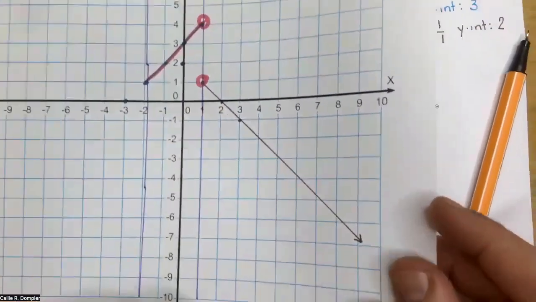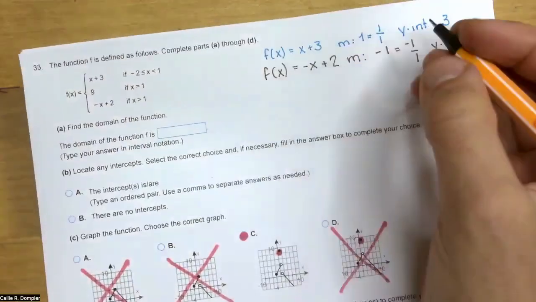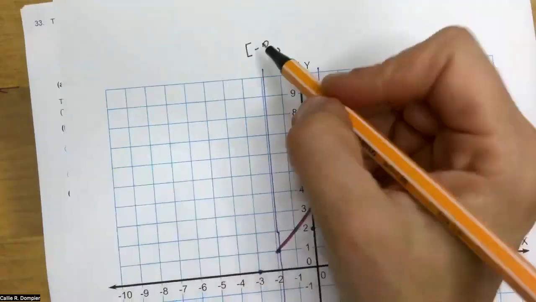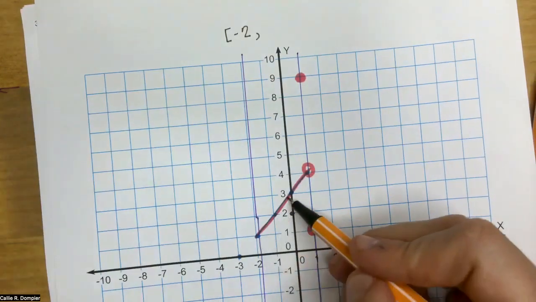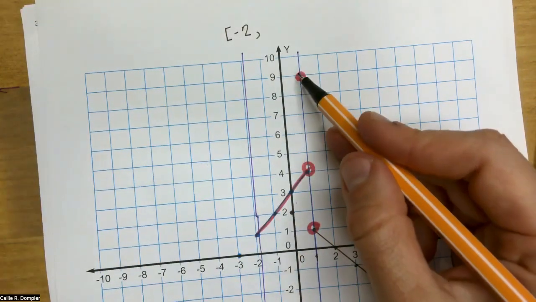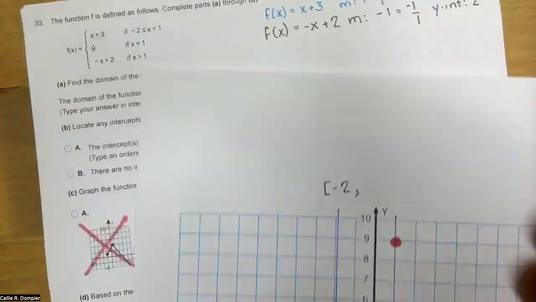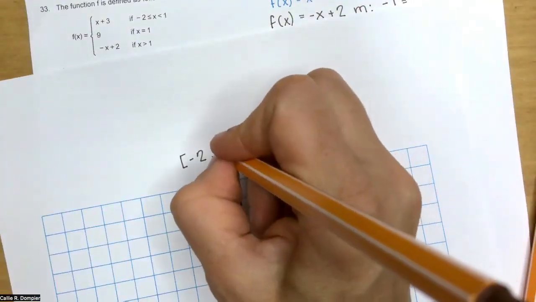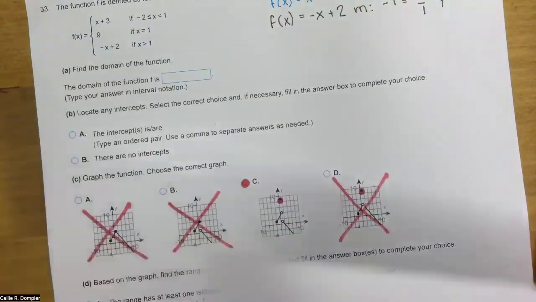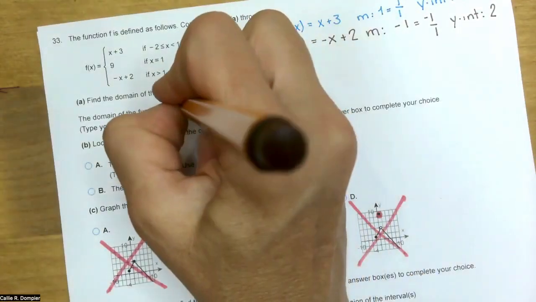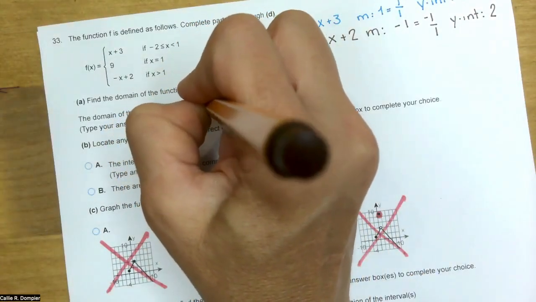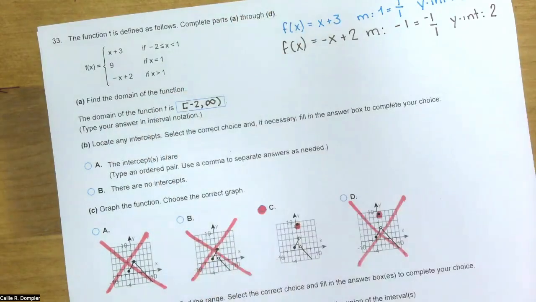And then after 1, it goes on forever. So we're saying from -2, continues, even though it does a big jump, it is continuing, jumps back down, continues forever. So from -2 to positive infinity. Good. So the domain is -2 to infinity.